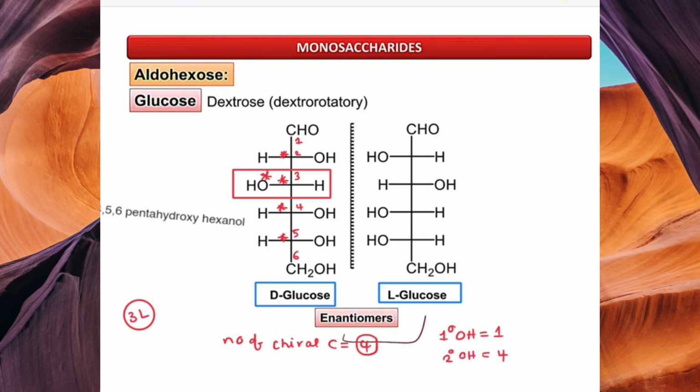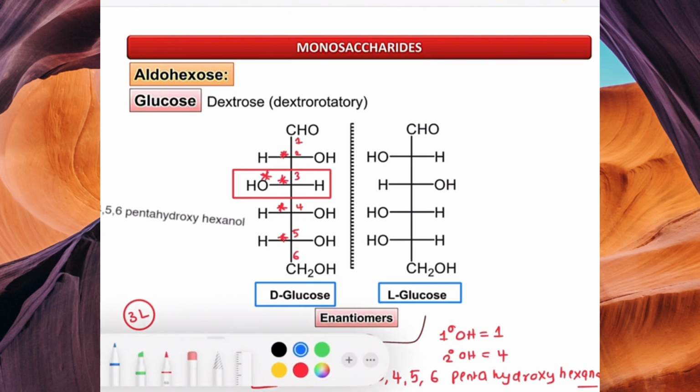The IUPAC name of D-glucose is important: 2R, 3S, 4R, 5R, 2,3,4,5,6-pentahydroxyhexanal, where aldehyde is the functional group.